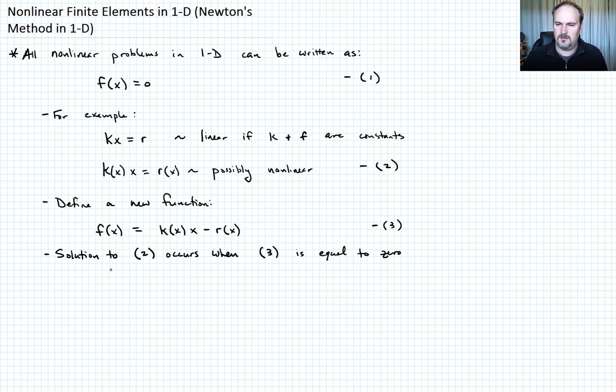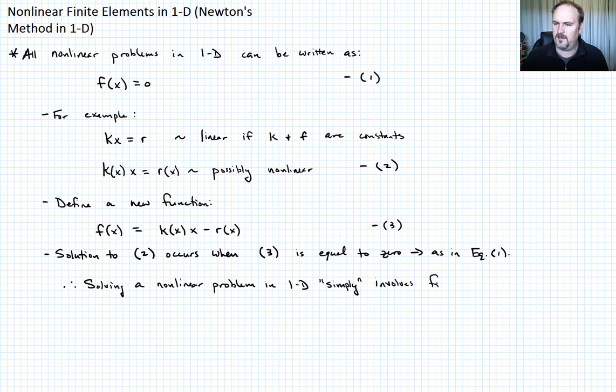So what does that mean? Therefore, solving a nonlinear problem in 1D simply requires finding the roots of f of x. I put simply in quotes because it's not always simple, but it involves finding the roots of f of x. That's what gives us f of x equals 0.